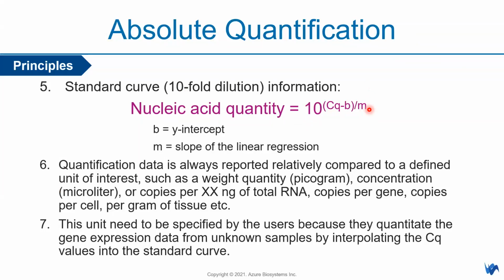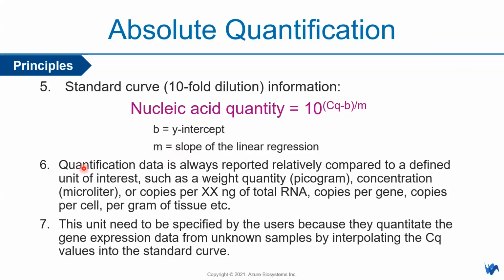So this is the equation that you can use to get the nucleic acid quantity from the standard curve, where b is the y-intercept, which you get from the linear equation, and m is the slope of the linear regression.